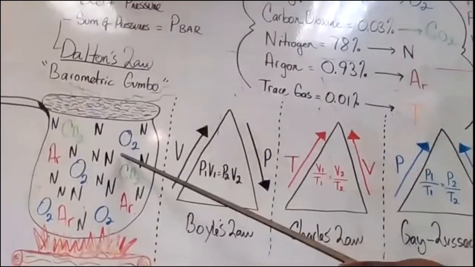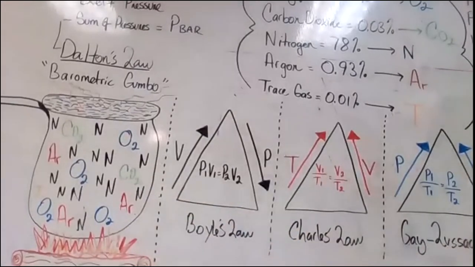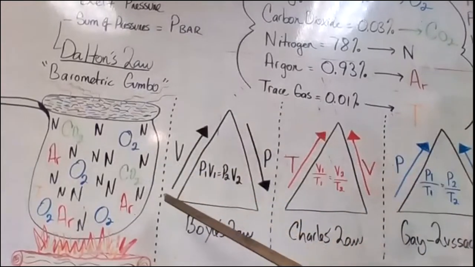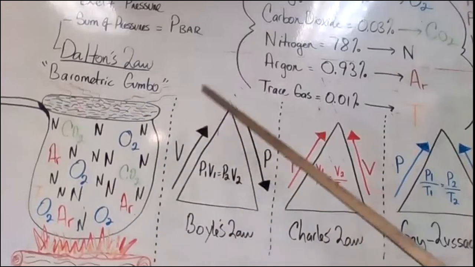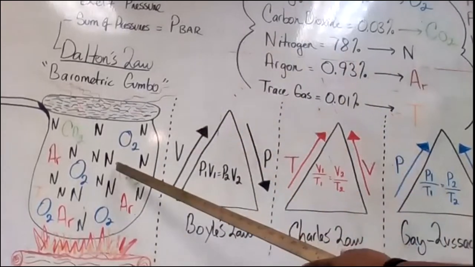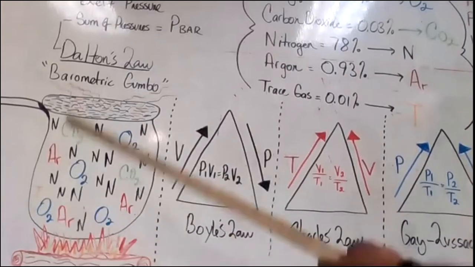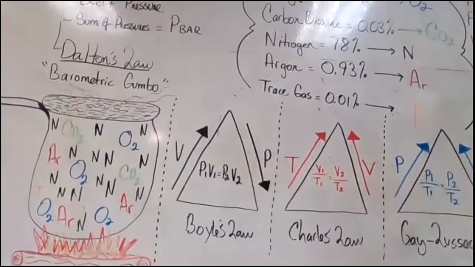And each individual gas has its own pressure. And that's what we showed you: when you take O2, which is 21%, you multiply 0.21 by 760, you get 159. Same thing with nitrogen, carbon dioxide, argon, and trace gases to find the total pressure, which is the barometric pressure, which is Dalton's law.